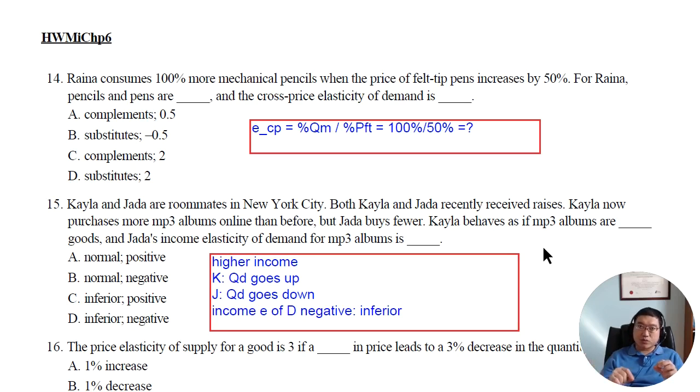If it's less than 1, it's inelastic demand. The threshold is 1, right? Only for price elasticity of demand, the most important threshold is 1. But for the cross price elasticity of demand and the income elasticity of demand, the most important threshold is 0. You need to remember those.